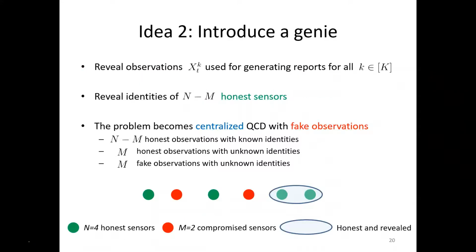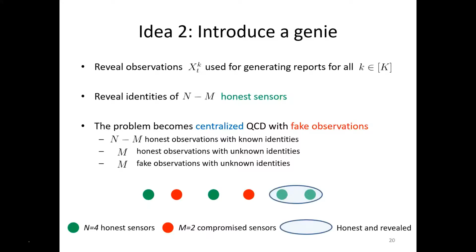So the second idea here is to introduce a not too powerful genie. We construct a genie that reveals the observations X that are used for generating the local reports for all the K. That means for the honest sensors, the genie just tells the fusion center their X, and for the compromised sensors, the genie just tells the fusion center the fake observation.